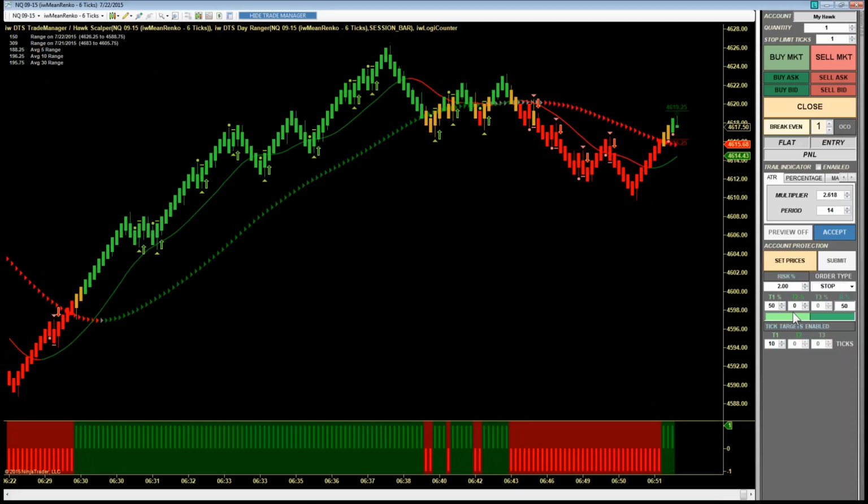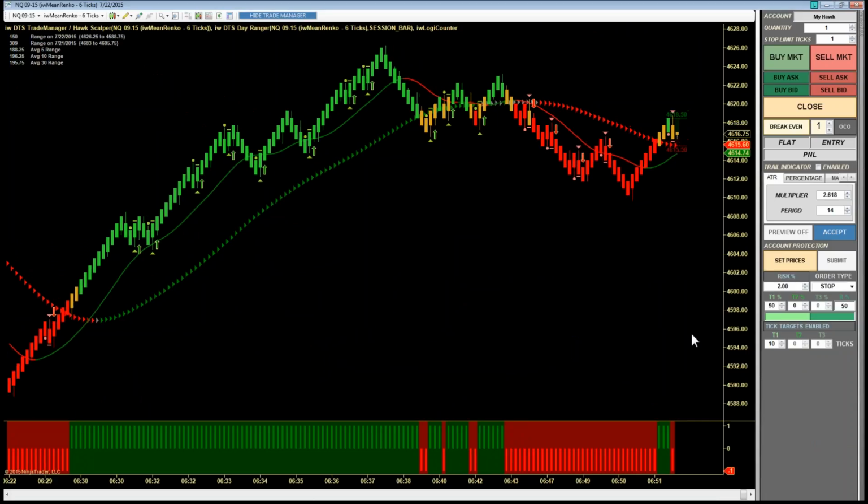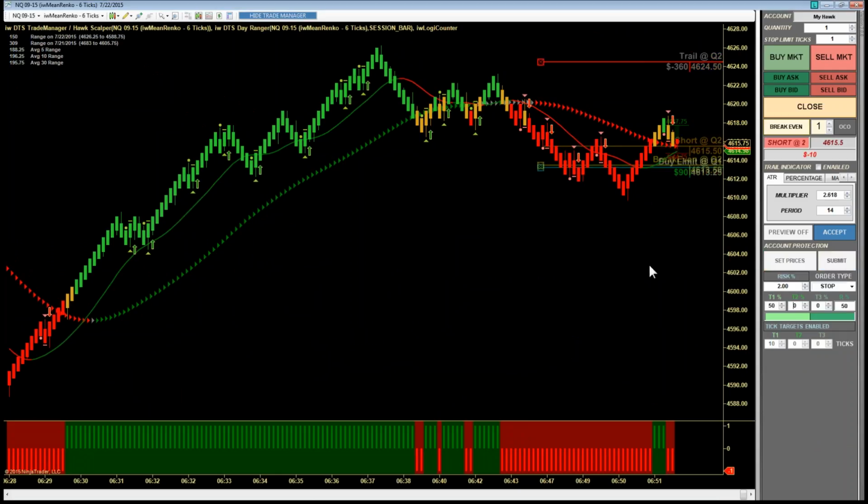And what this does is it helps you avoid risking more than you can afford to lose. So here we're getting a green bar sell signal. I've currently got my risk set at 2%. Now notice the difference here is that I need to set at least my profit target and my stop loss, and then I need to hit the submit order for the order to become active.